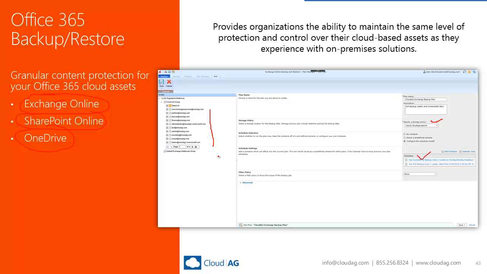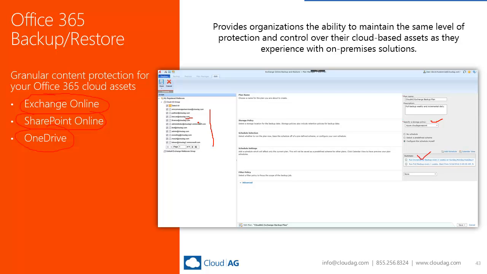And then also the ability to restore. So let's say something has gone missing, whether it be something within a user's mailbox or an individual folder, or it could be something on SharePoint or OneDrive. You can do a granular restore where I can find that user if it's an email, for instance, go into a folder, grab an individual item within that folder and say I want to restore it, and restore it right back where it was.